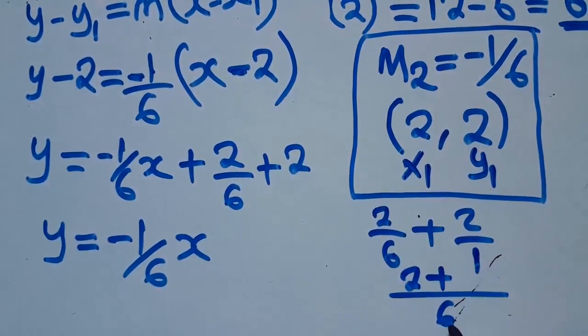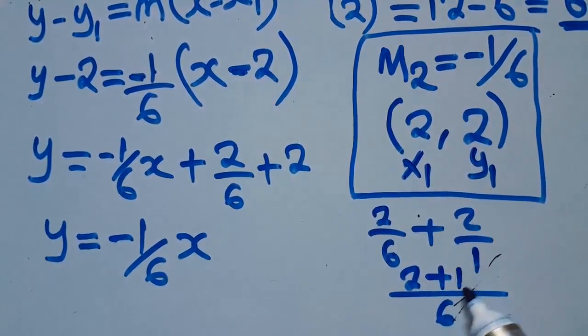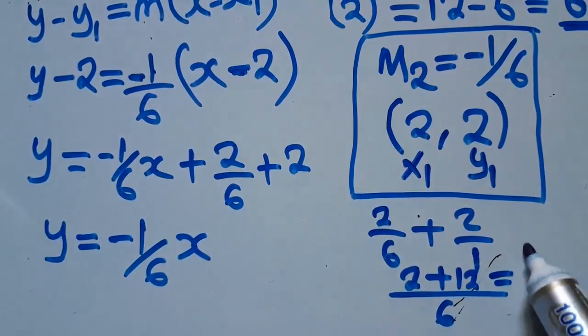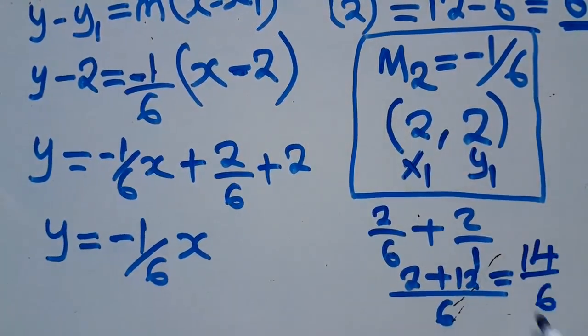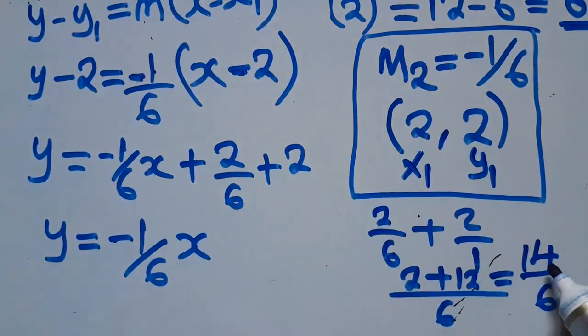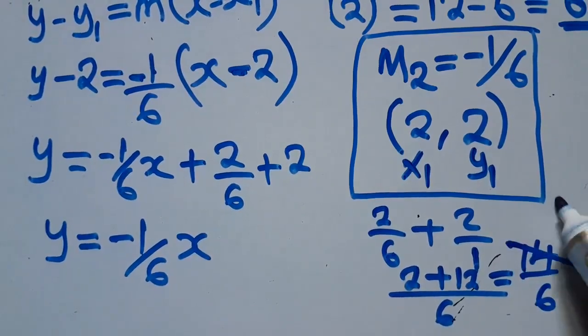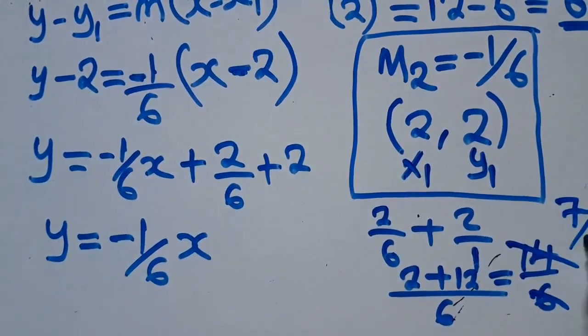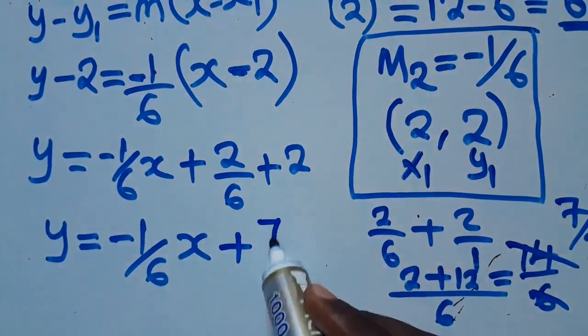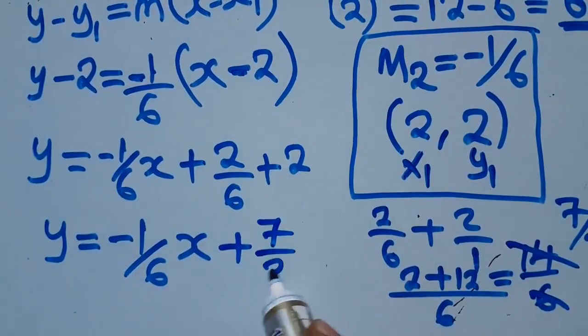Plus 1 into 6 is 6. 6 times 2, it is 12. So which is 2 plus 12, that is 14/6. Which number can go in both sides? It's 2. So 2 there, it is 7. 2 there, it is 3. So the answer is plus 7 over 3.